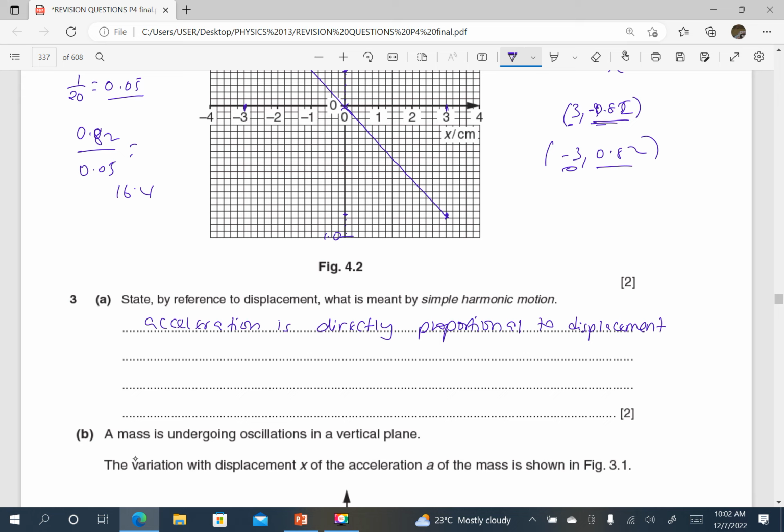So this time I will say acceleration and displacement are in opposite directions.